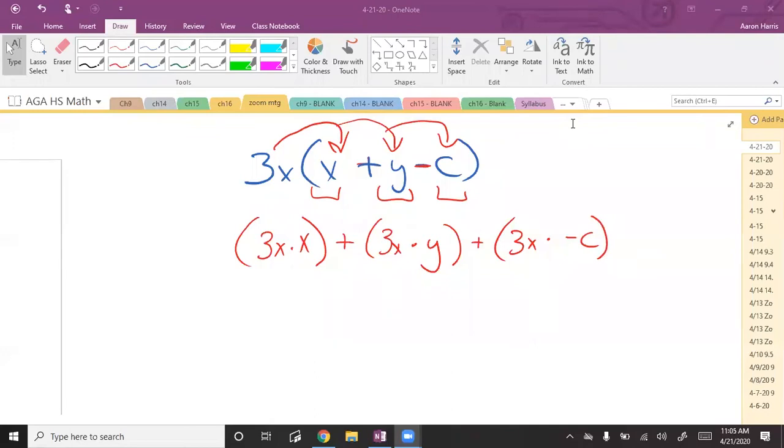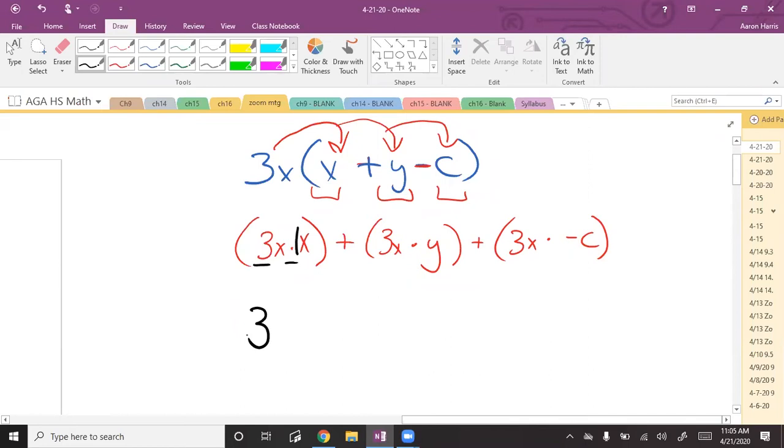Let's make it happen. 3x times x is what? That will be 3x squared, I think. So now, how do we do this? And this is the beautiful thing. We always take the constants first. So 3 times 1 is what? 3.